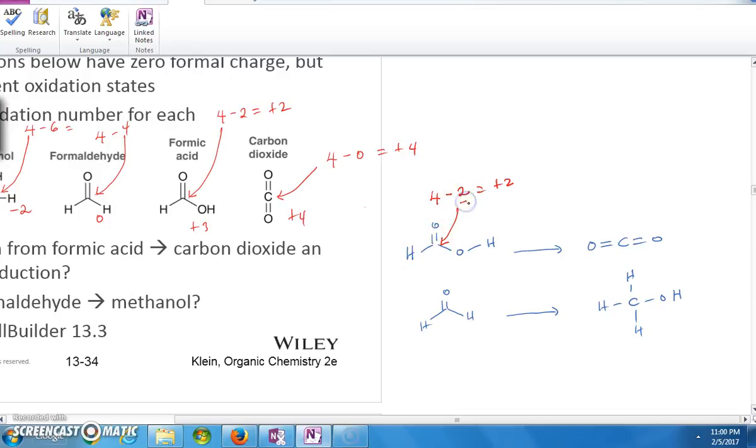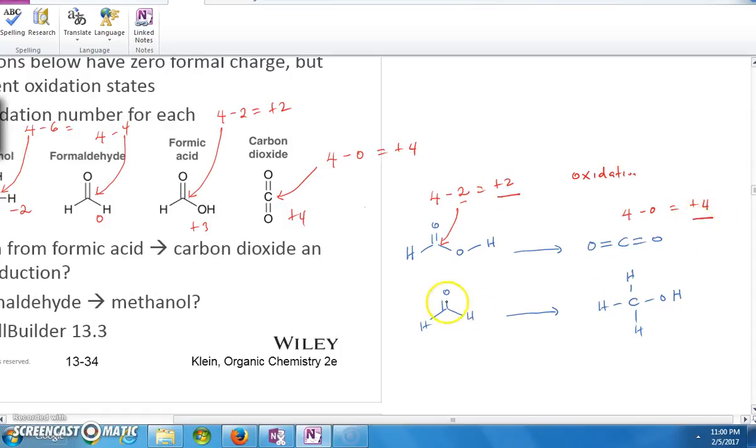And then here, if you notice what has happened, all the electrons are lost to the oxygen. So carbon goes away with nothing, and so you have 4 minus 0, and that is +4, I'm sorry. So you can see that this is an oxidation, because it goes from +2 to +4.